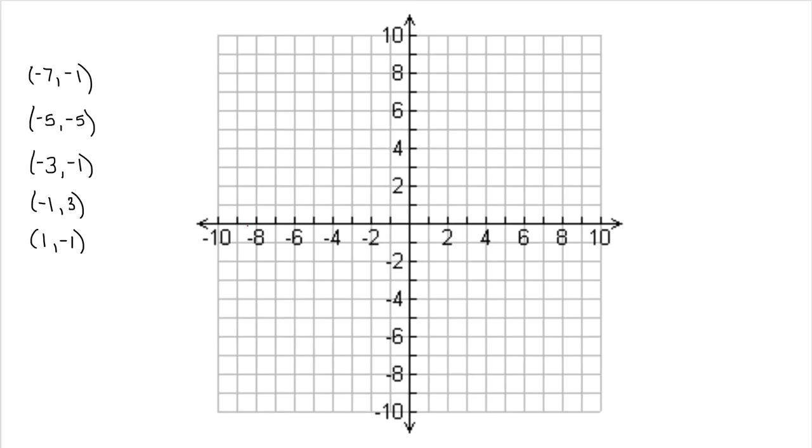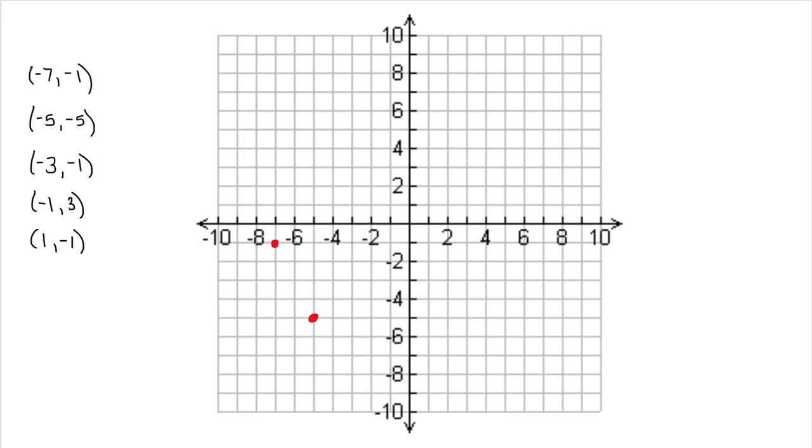I'll plot each point on the graph. First I have negative 7, negative 1, so I'll count over negative 7 and down 1. That's that point. And then negative 5, negative 5.